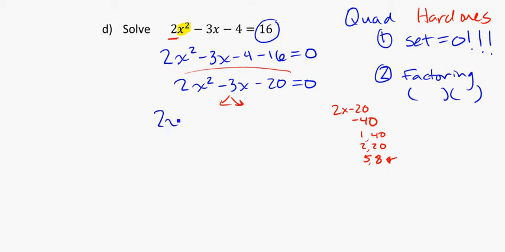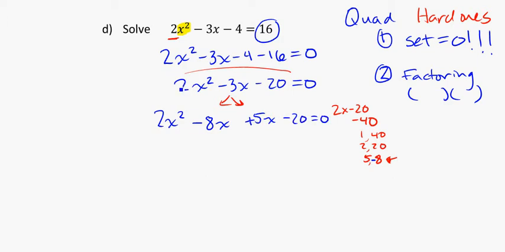So I now have 2x squared, and I need a negative 3, so the bigger one's going to have to be negative, so it's going to be negative 8x plus 5x minus 20 is equal to 0.